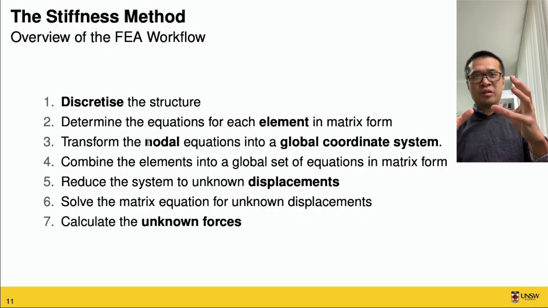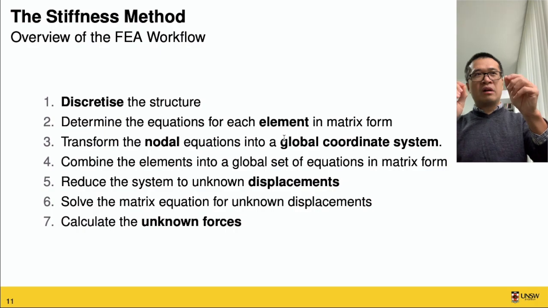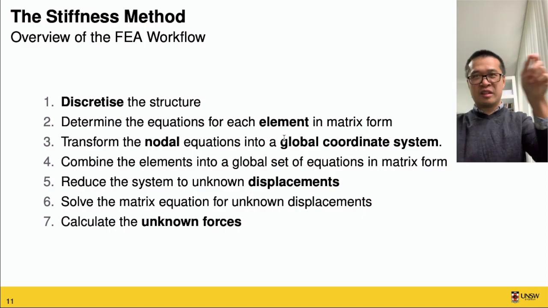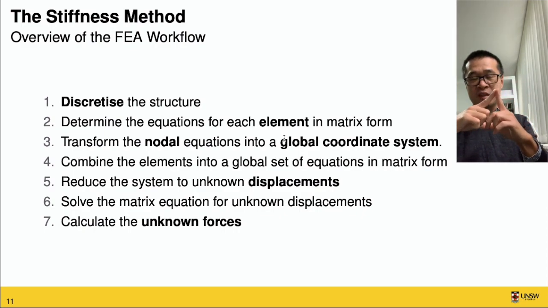And then you need to put all these equations on the individual nodes into a global coordinate system. What does that mean? Well, if you break down individual triangles, you can work out how the force is going to move, how the displacement is going to move. That's typically done in the coordinate system of that one little piece.